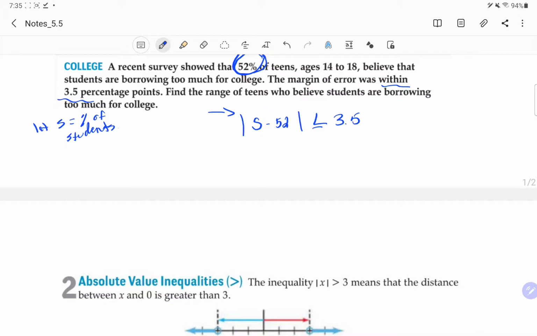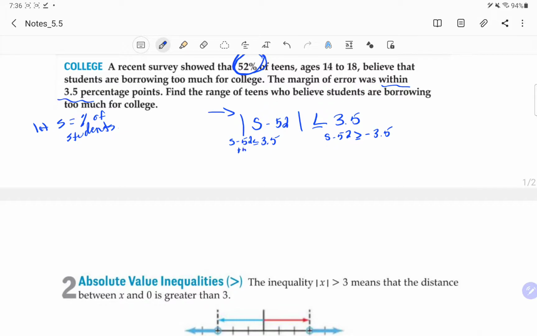So we're going to set this up. We have S minus 52 less than or equal to 3.5 and S minus 52 is greater than or equal to negative 3.5.